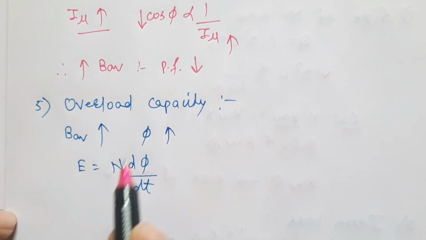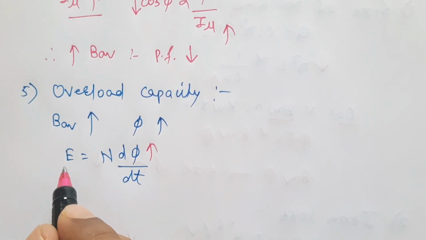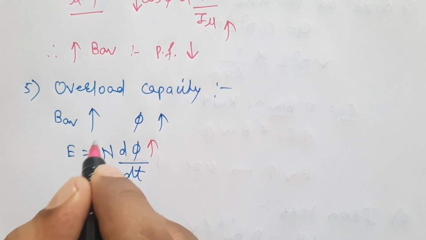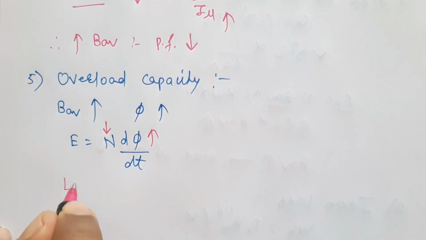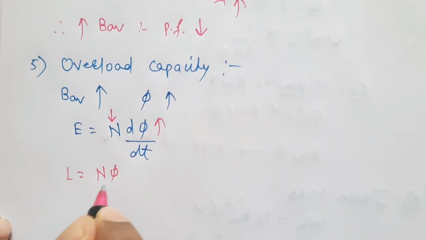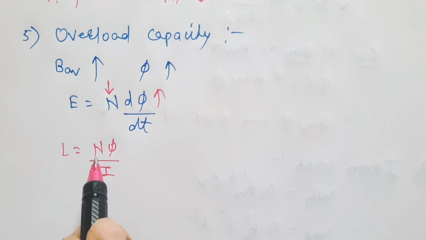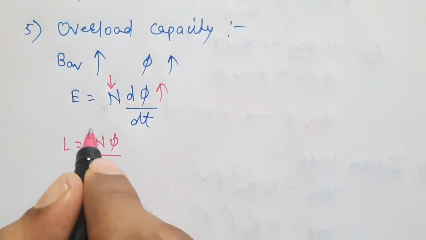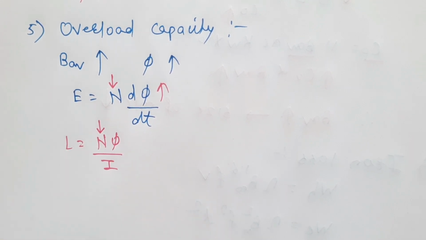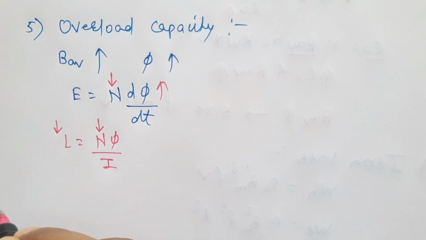As we increase the value of flux, to maintain EMF constant, N has to be decreased. We know L is equal to N into phi divided by current, where L is the inductance, N is number of turns, phi is the flux. As the value of N decreases, L also decreases since L is directly proportional to N.